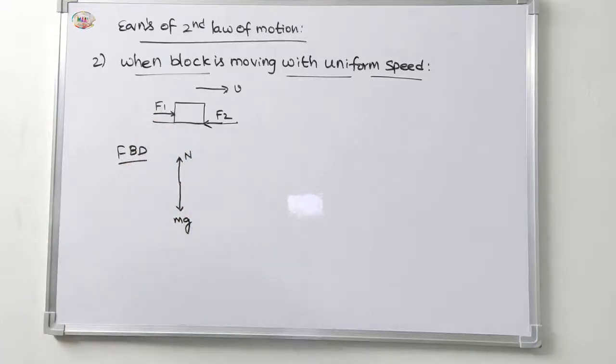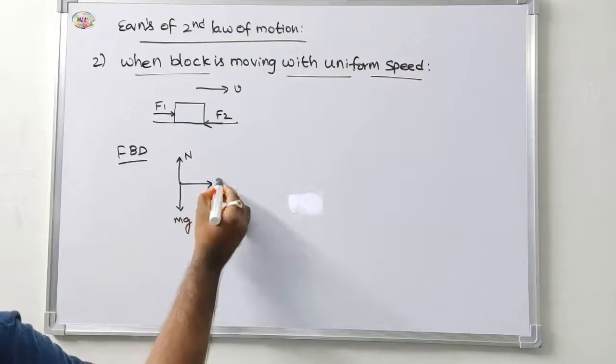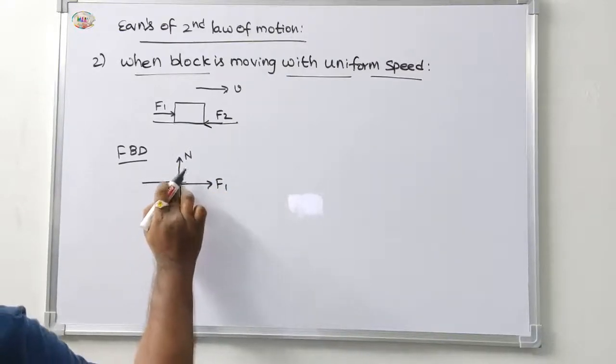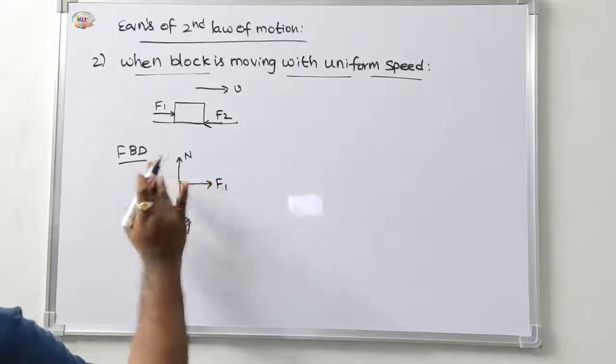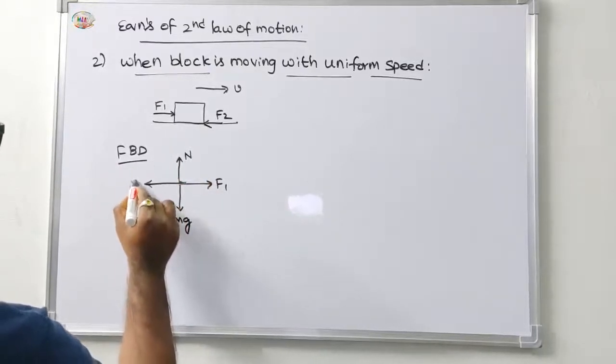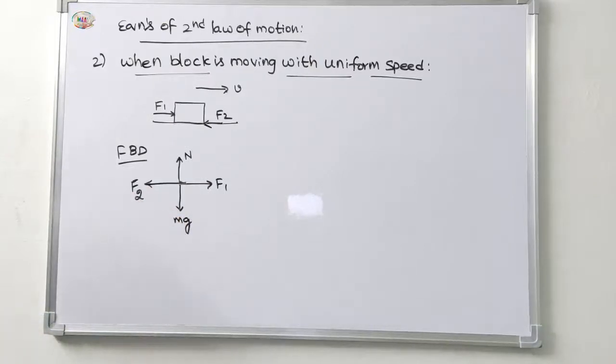F1 is acting forward, and F2 is acting opposite to the direction of F1. The direction of force is very important.